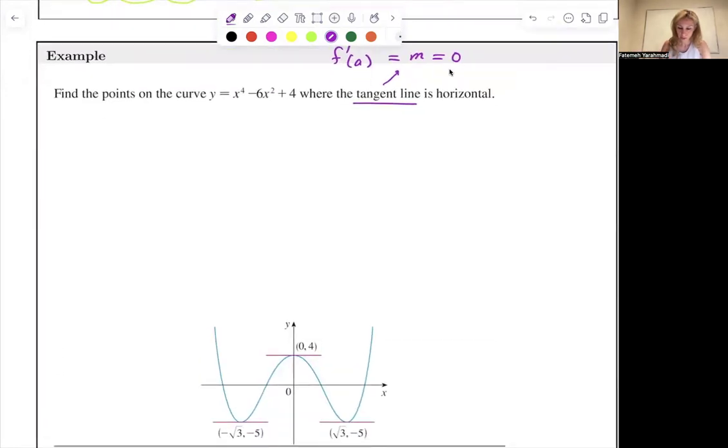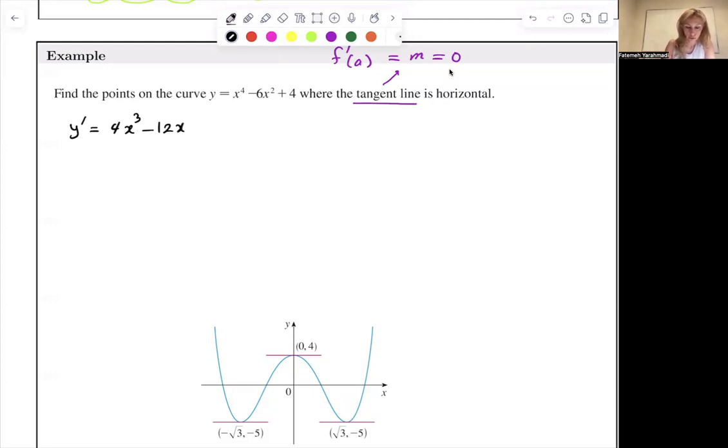Here we have the graph. By the graph, we know that we have 3 points where the tangent line is horizontal. So we expect to get 3 points. F prime, or y prime in this case, is equal to 4x to power 3 minus 12x plus 0.